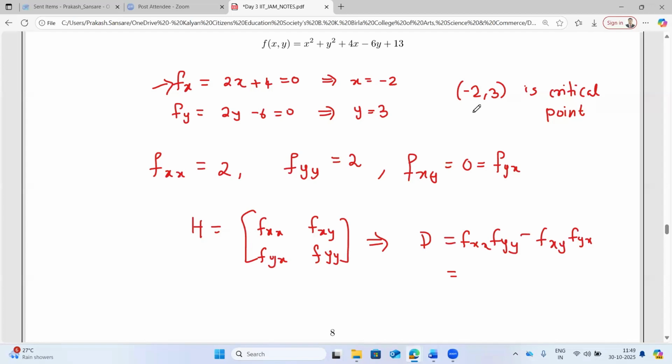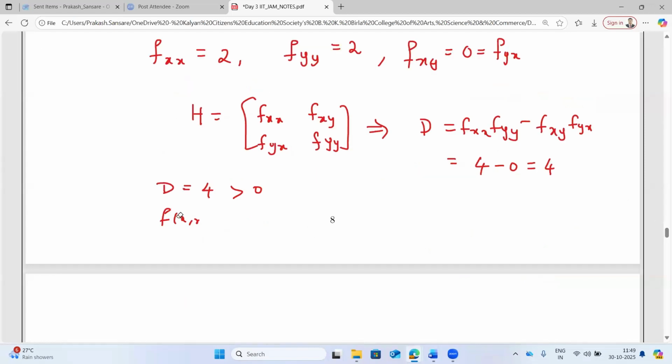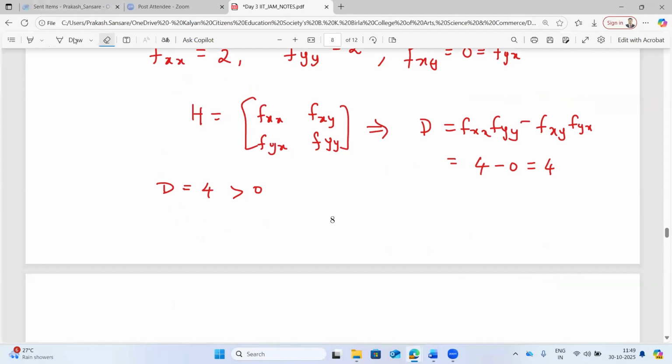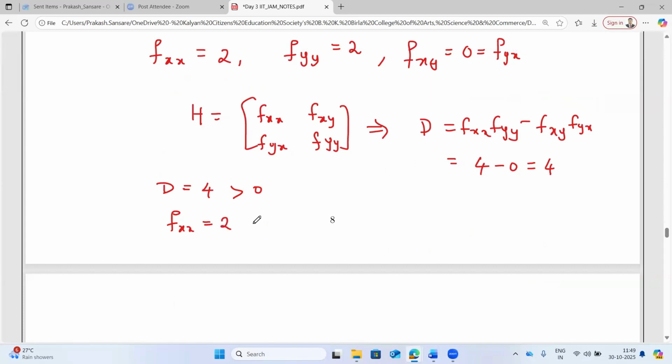So now you evaluate D at, here it is basically 2 into 2, 4, 4 minus 0, so it is 4. So you could see that D is constant, basically 4, which is greater than 0 at (2, -2, 3). And we can also find fxx, it is again a constant 2 greater than 0.